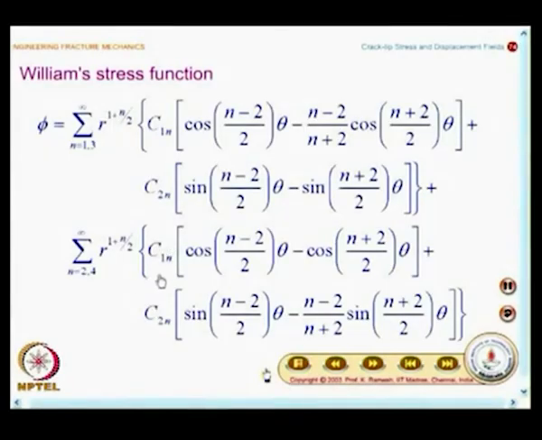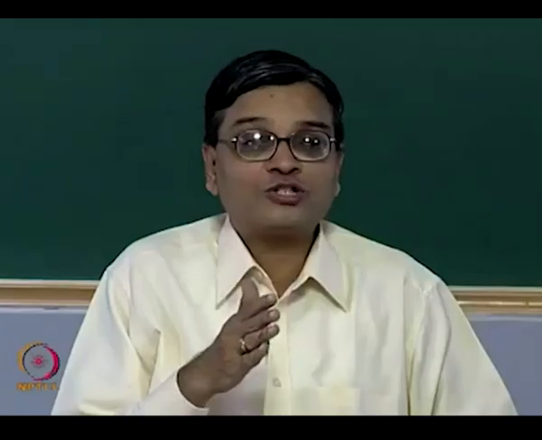This was also observed by Williams when he reported the solution in 1957. If he had said, when you are analyzing crack problems, take as many terms in the series as possible for modeling, people would have looked at his solution differently and also used it differently. But what he said was, suppose you have a uniaxial loading situation when the vertical edge is free, the constant C12 should become 0 to satisfy the boundary condition, which is a very unfortunate statement.